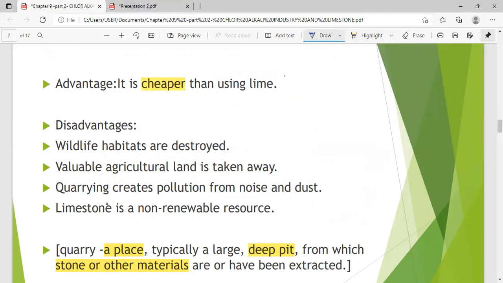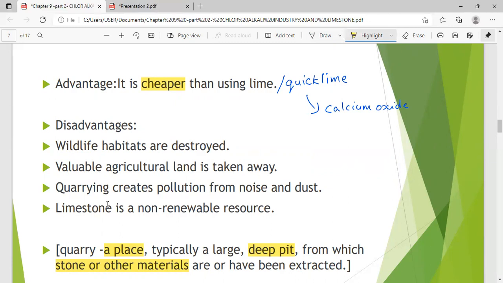Who can tell me what is lime or quicklime? Okay, it is calcium oxide. So limestone is cheaper than using lime, but there are also certain disadvantages of using limestone.